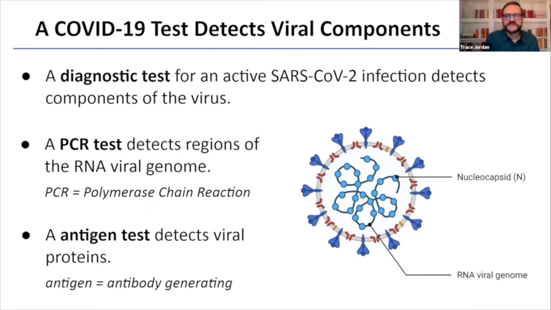Antigen tests often use the nucleocapsid protein N. So it's important to make the distinction when we talk about a SARS-CoV test about what type of test we are performing. Are we performing a PCR test to look at regions of the RNA viral genome, or are we performing an antigen test to look at the presence of viral proteins?